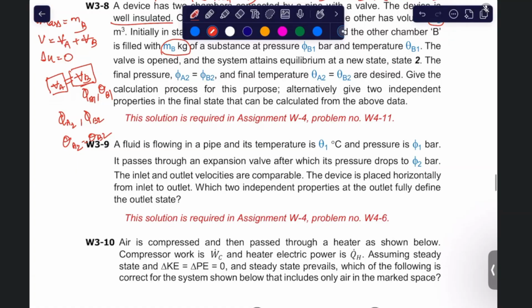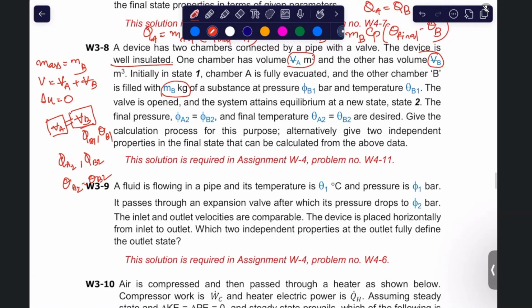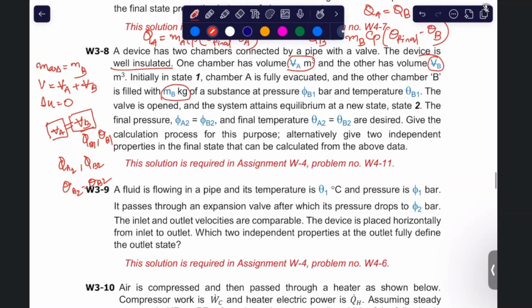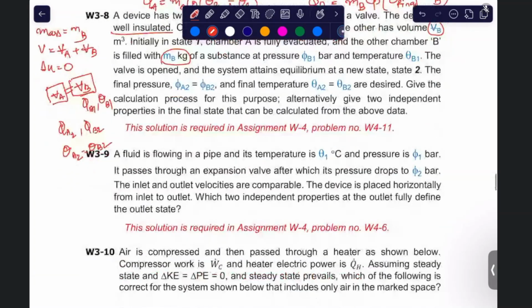So delta U is going to be constant. That means U1 equal to U2. So U1 is what? Initially also mass was MB, so MB U of theta B1, that was the initial temperature, equal to MB U of theta B2.